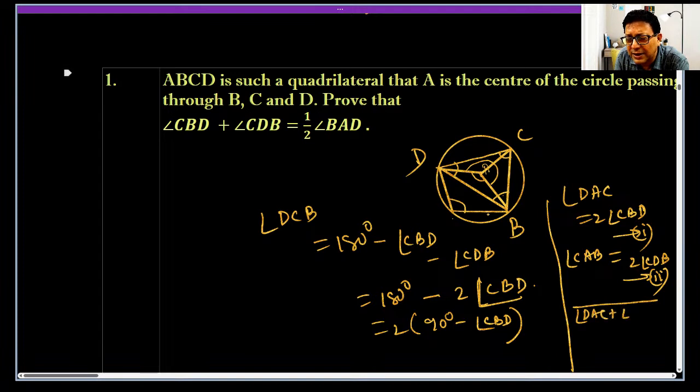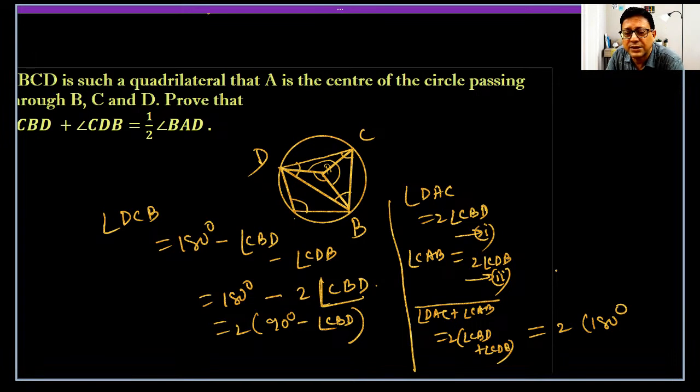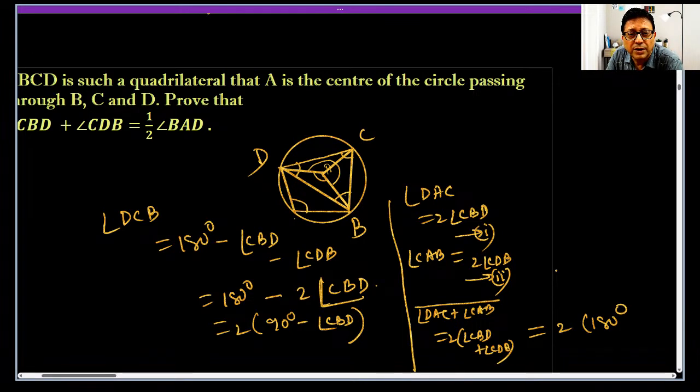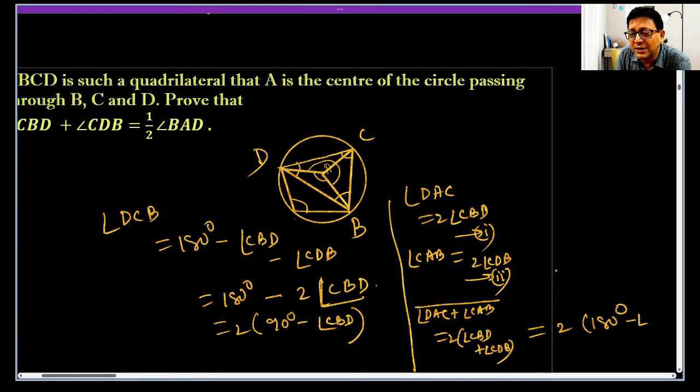Angle DAC plus angle CAB is twice CBD plus CDB. CBD plus CDB is what? In this diagram, CBD plus CDB is 180 minus BCD, isn't it?